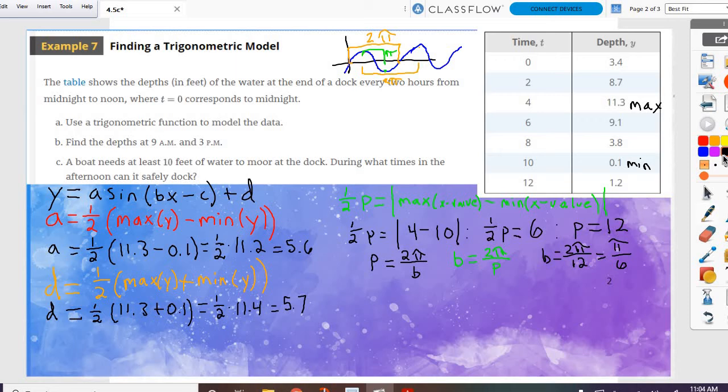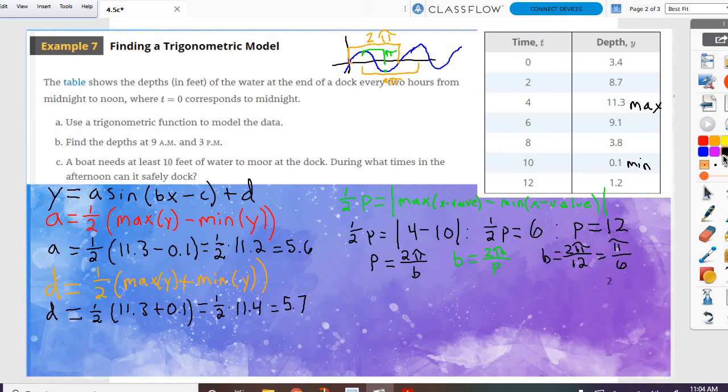So when we're looking at data, it can be a little bit difficult to try and figure out how it is shifted when I've already applied all of these other values. We've moved everything up, our period is different, our a value is different, so it can be a little bit hard to figure out what that's going to look like. So what we want to do is try and relate our parent graph to what we're trying to get.